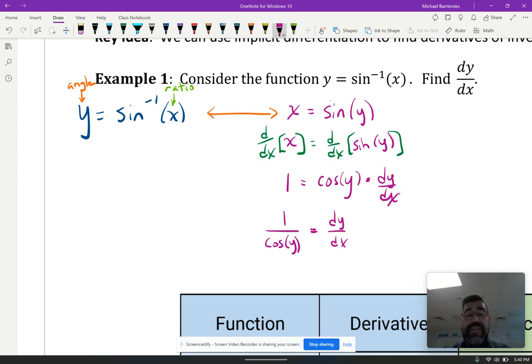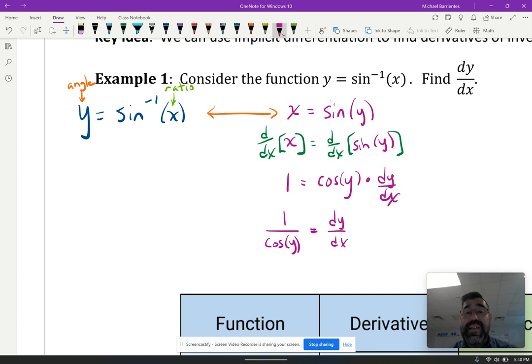Now, when I look at this, it becomes an interesting exercise because if you recall, whenever we're taking the derivative of an inverse, and this is just any generic inverse, which is what the previous unit was about, take the derivative of the original function. So if sine inverse is my inverse function, then the original function is sine.